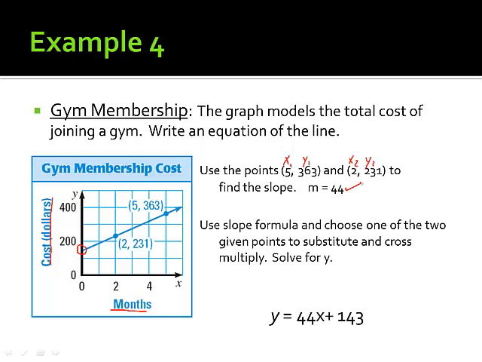Once you have that, use the slope formula and choose one of the 2 given points to substitute and cross multiply, solving for y. The answer you should get is a y-intercept of 143. So y equals 44x plus 143. And I'm not going into as much depth with this one because we've done a couple of examples like it. So you can check and see if your work matches up and you actually get this one.